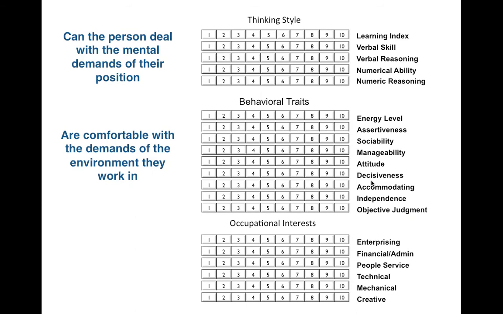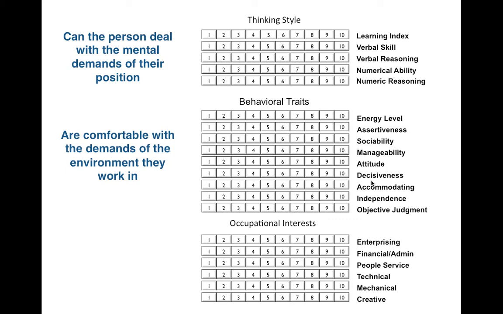Now, the second thing, the behavioral traits, answers the question: are the candidates comfortable with the demands of the environment they are in? So having determined that someone has a learning index appropriate to the position, that they will be able to deal easily with the informational demands of the position, wouldn't it be nice to know if they'll fit the environment, and also be comfortable with the demands that the position makes on them as a person?